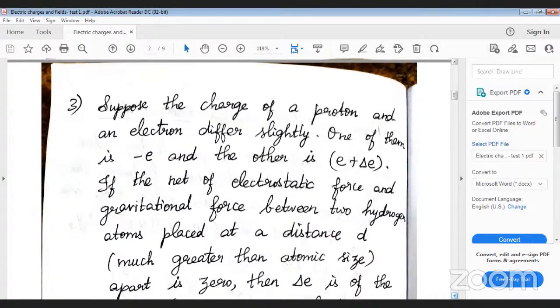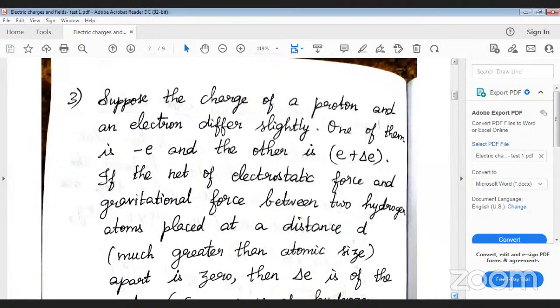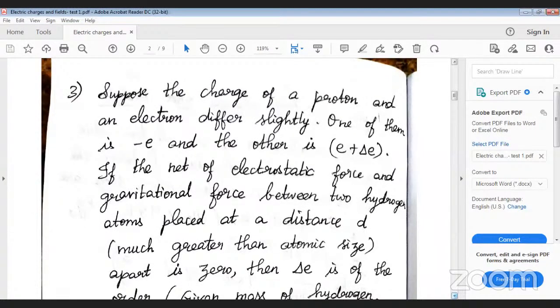Suppose the charge of a proton and an electron differ slightly. One of them is minus E and the other is E plus delta E. So what they have mentioned is that the charge of a proton and an electron differ slightly. That means for one of them, that is for electron, it is minus E, and for proton, what they are telling is it is having the charge E plus delta E. Okay, usually it is not the case.